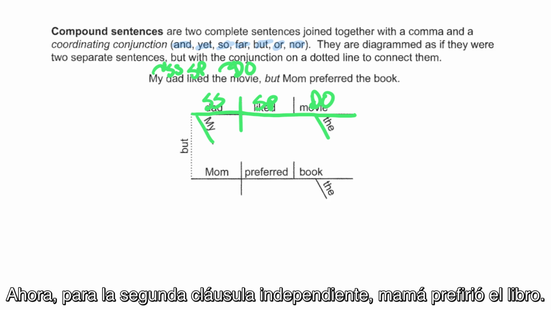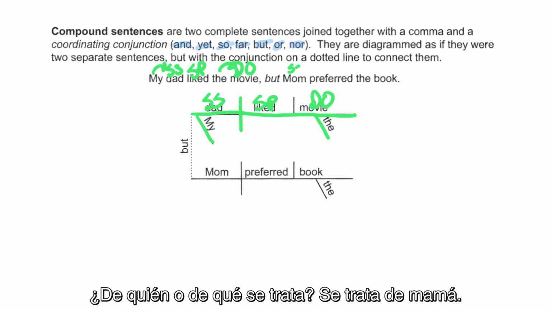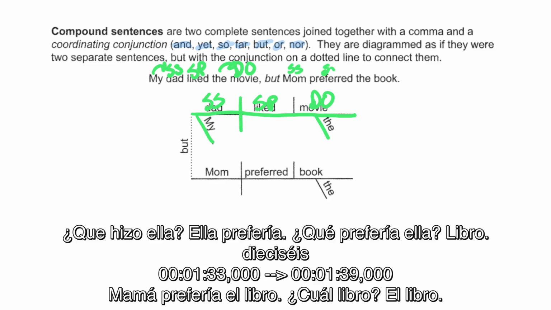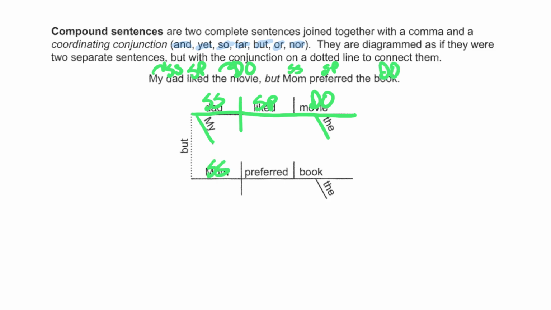Now for the second independent clause. Mom preferred the book. Who or what is this about? It's about mom. What did she do? She preferred. What did she prefer? Book. Which book? The book.